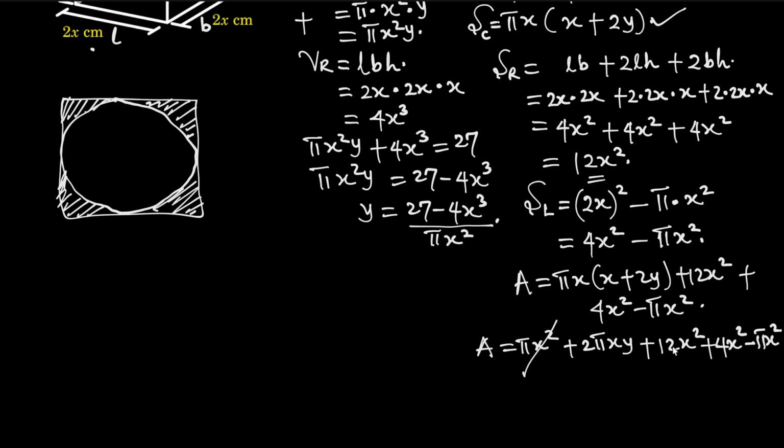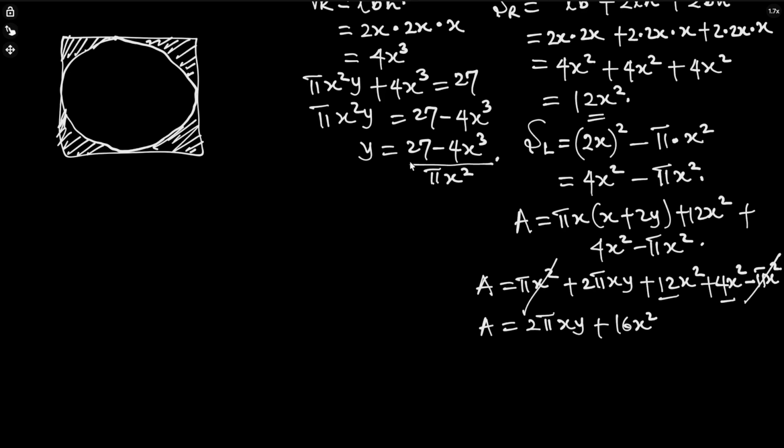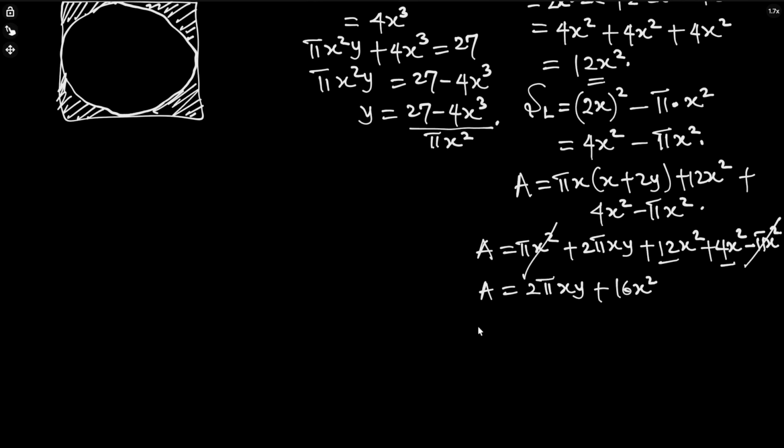Now pi x squared goes along with this, and we have A equals 2 pi xy plus 16x squared, this and this. Now y is 27 minus 4x cubed, then all of that over pi x squared, as we've previously obtained. So all we just have to do is to substitute for y in the expression for A.